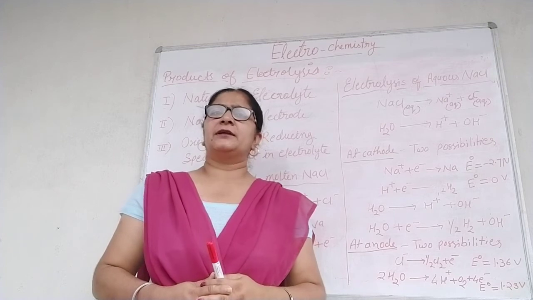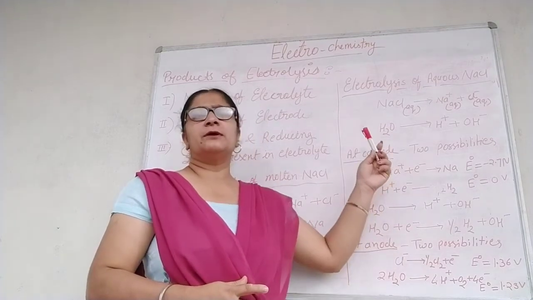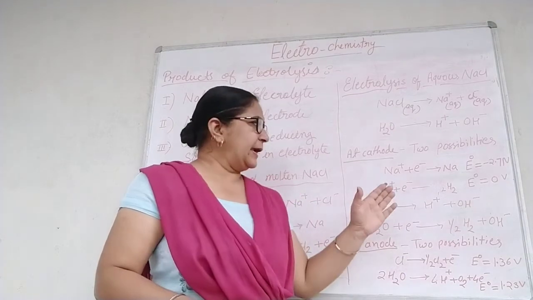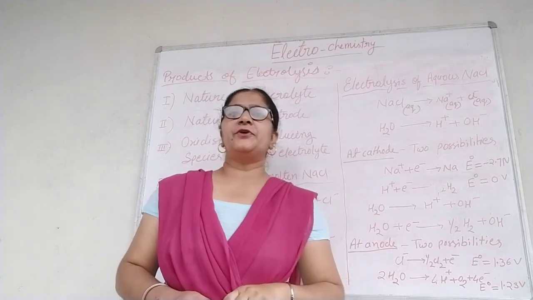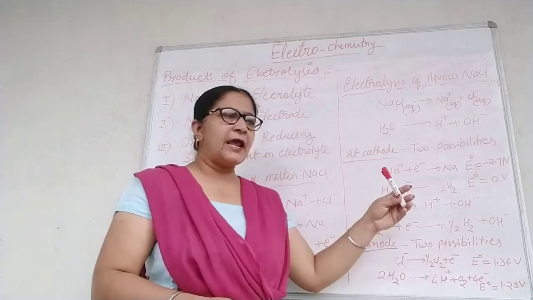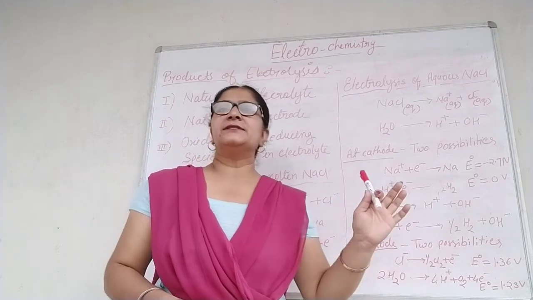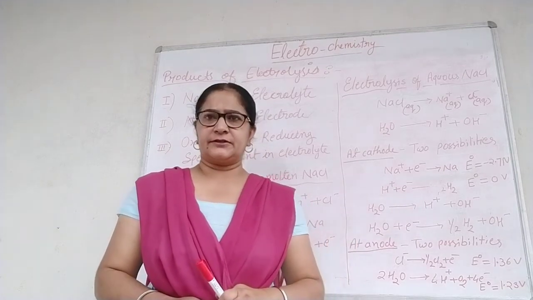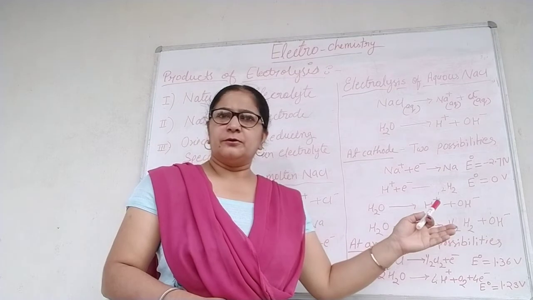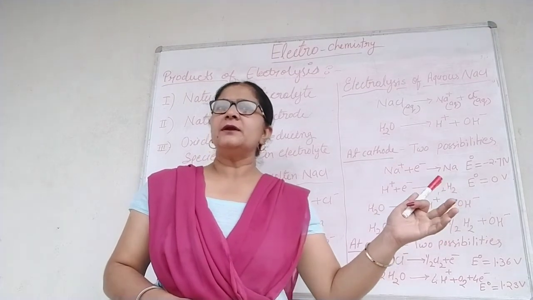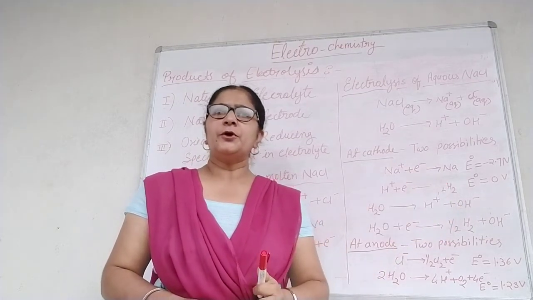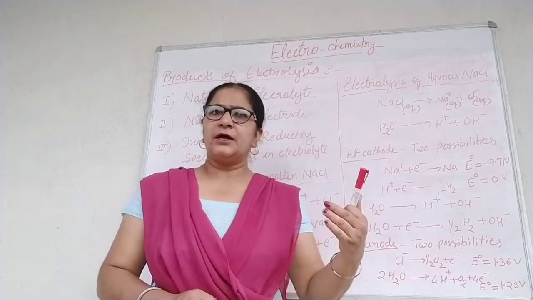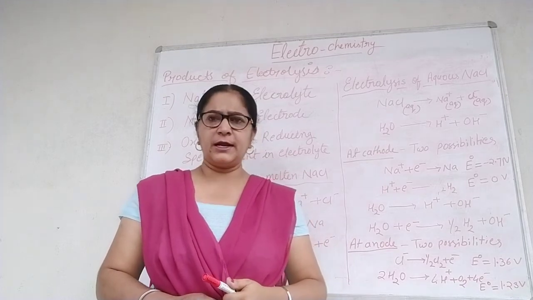So when aqueous NaCl is electrolyzed, at cathode hydrogen gas will be released, and at anode chlorine gas will be released. Oxygen is not released due to overpotential. So sodium ion and hydroxide ion will remain in the solution, right?